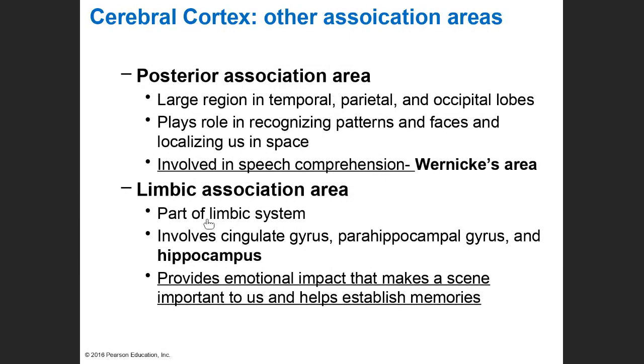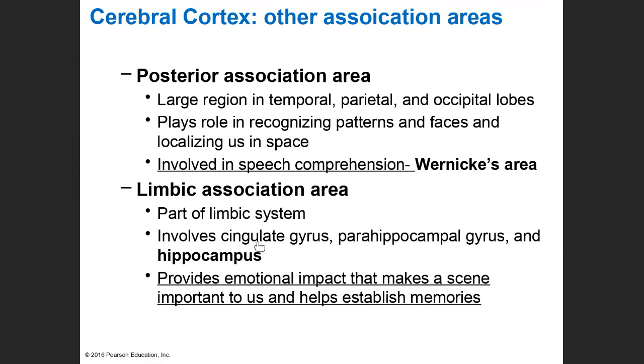All right, the limbic association area. So the limbic association area is part of a larger system called the limbic system. Now, the limbic system has a few really important regions that we definitely need to know about. It says here it involves the cingulate gyrus, the parahippocampal gyrus, and the hippocampus.